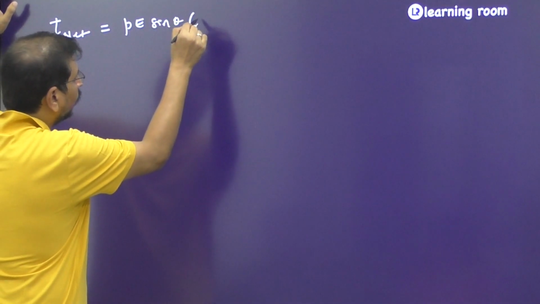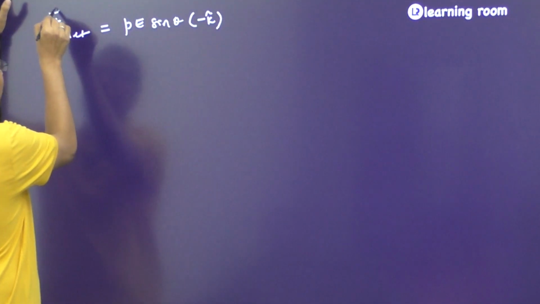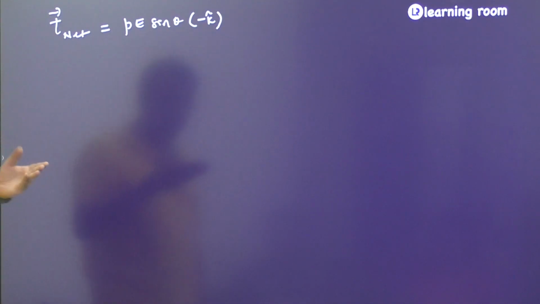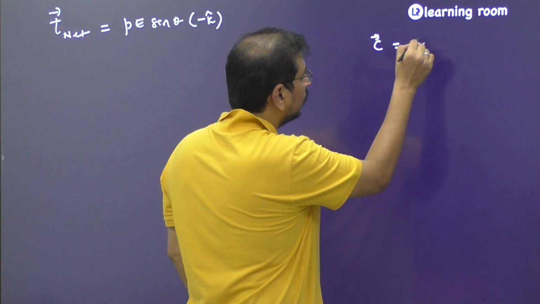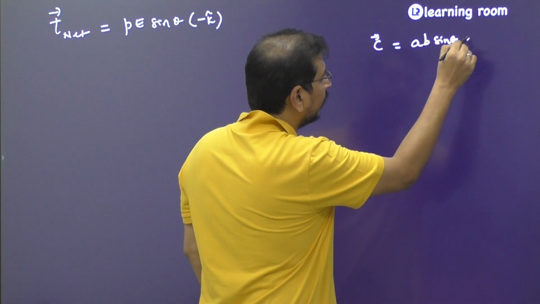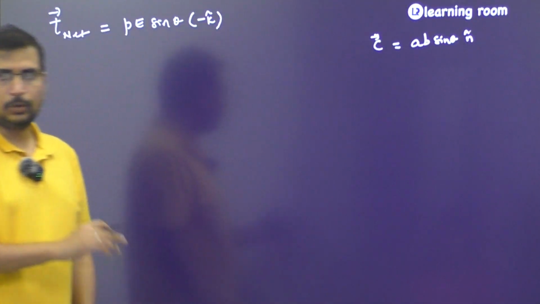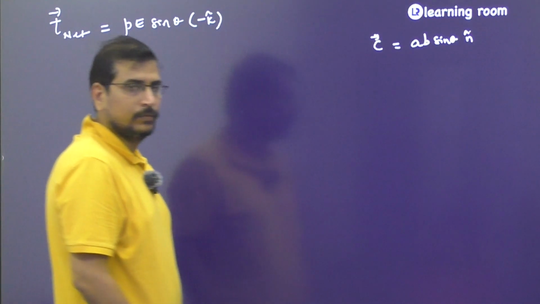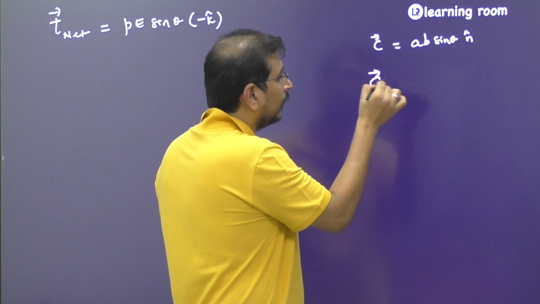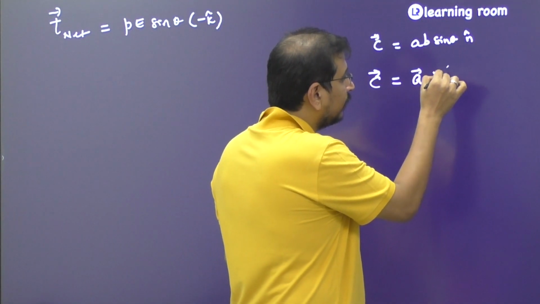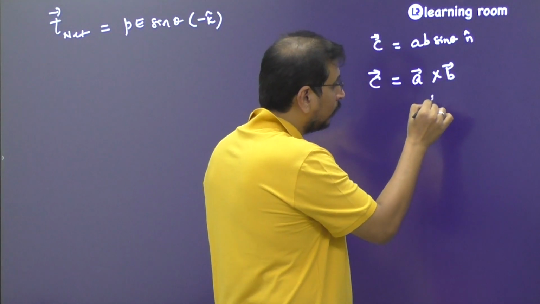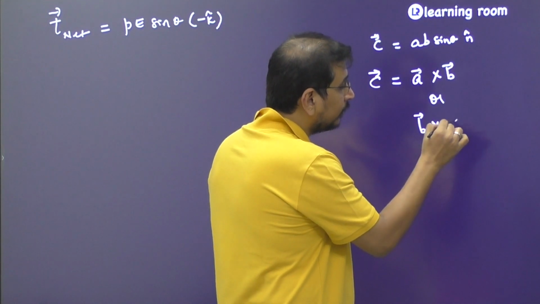So the net value is P E sine theta with a negative k cap. Now, suppose I have C vector equal to AB sine theta n cap. That's what the cross product says. Then I don't know whether C vector is actually A vector cross B vector or B vector cross A vector.